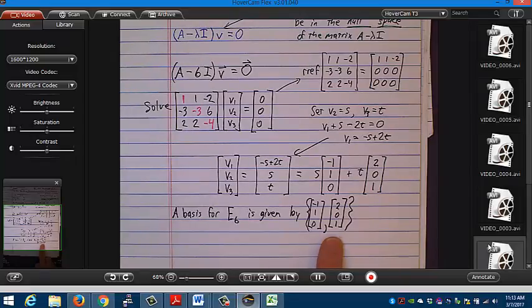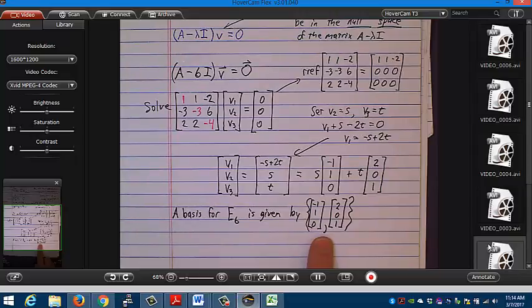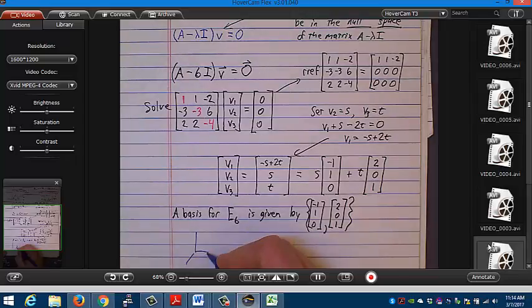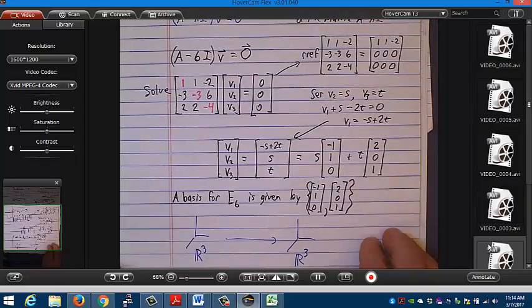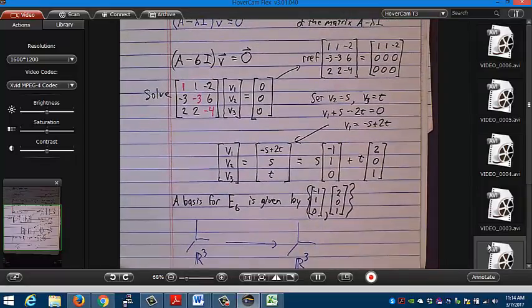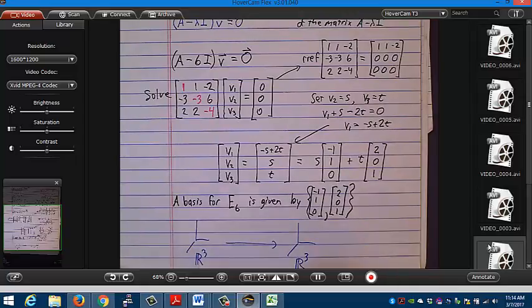But if you think about what this means, remember the picture is this. A is a map from R3 to R3, right? Most points get moved around. Well, one point that never gets moved around for a linear transformation, of course, is 0, 0, 0.